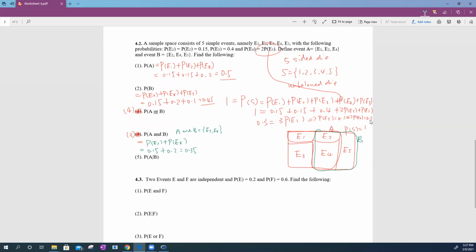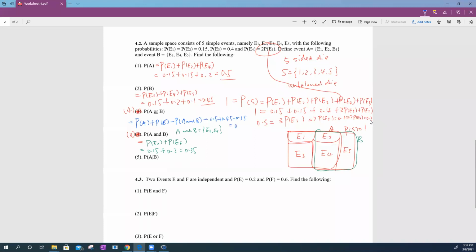And then probability of A or B, then we just use the formula, right? The addition rule. Probability of A plus probability of B minus probability of A and B. So that is what? 0.5 plus 0.45 minus 0.35.